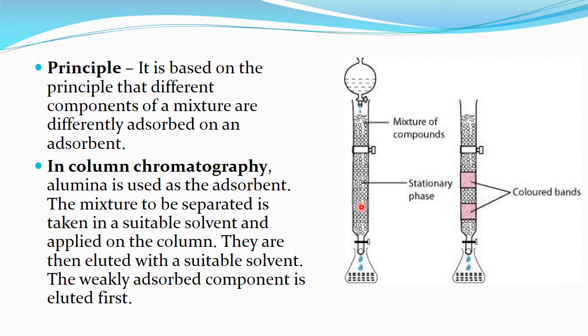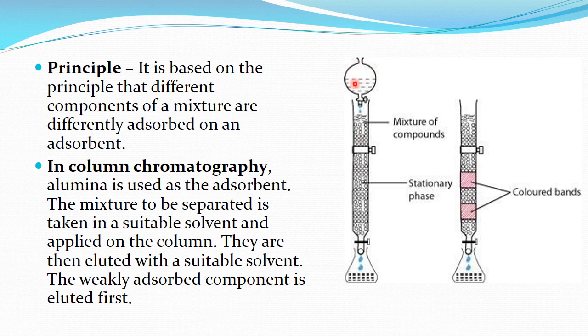Now the separation is over, the different components are separated according to the adsorption rate, and after that, for removing these adsorbed components, add a chemical called an eluent. When we add a suitable eluent, a suitable chemical substance, that chemical substance will elute each component one by one into the beaker.